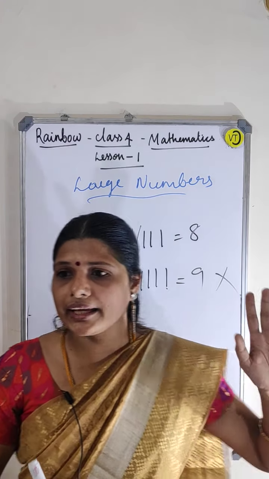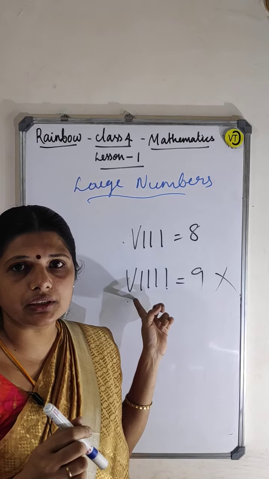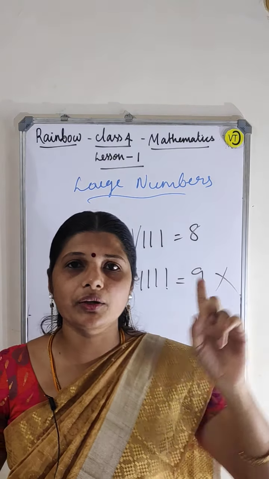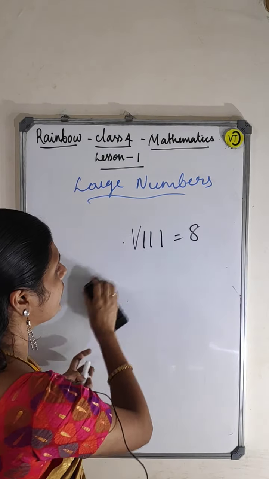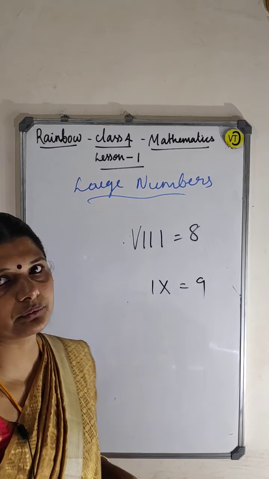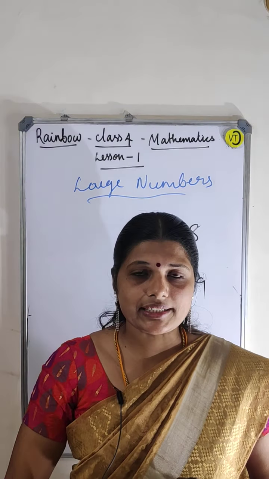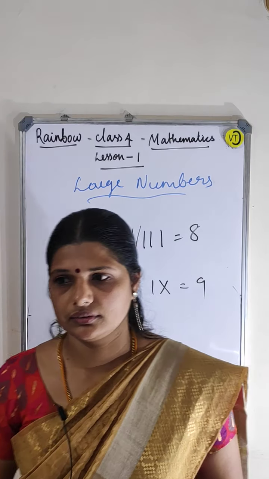Don't use the same symbol more than 3 times. Already I have used it 3 times here. So one more I you should not use here, guys. Okay, that is what I am going to give here. 9 will be 10 minus 1. That is 9. The next higher number is X, right? X is 10 now. 10 minus 1 is 9 here.